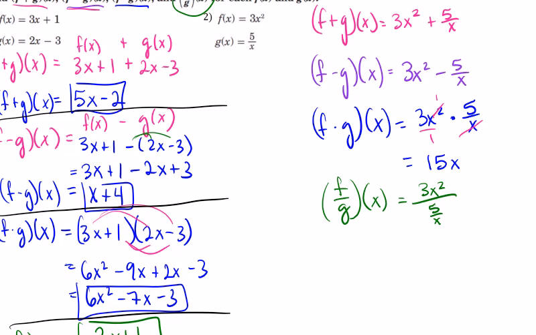But remember, whenever we divide fractions, we take the numerator fraction and multiply it by the reciprocal of the denominator fraction, right? So we flip that guy and multiply. And so 3x squared times x is 3x cubed. And then on the bottom, 1 times 5 is 5. That's as far as we can simplify.